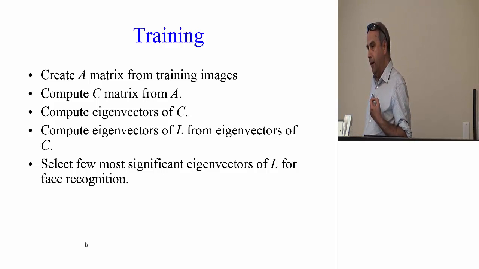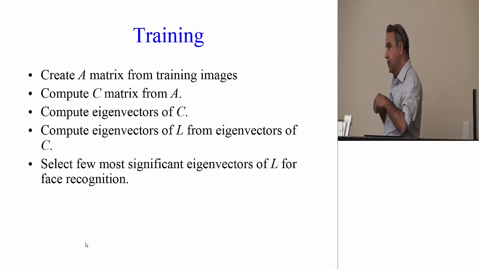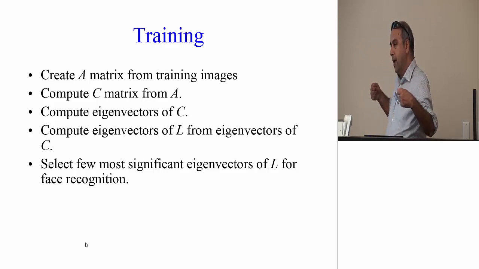Originally, if you use this long vector, its dimension is 250,000. It's a very huge vector, and we can't compare that with all other faces. It will take a lot of time.